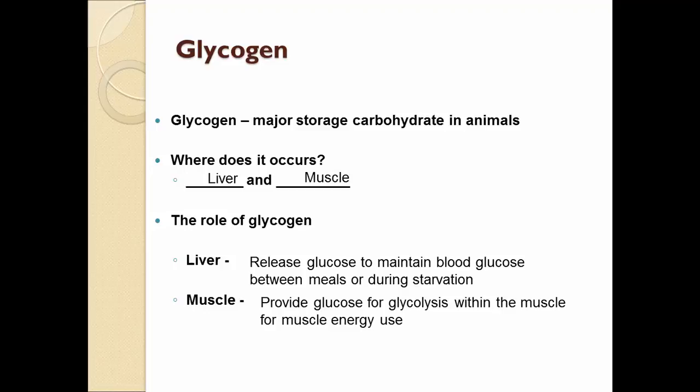The contribution to blood glucose is different in liver and muscle, right? Liver is able to break down glycogen and release glucose into circulation during fasting, and muscle is able to break down glycogen but not able to release glucose. So the glycogen breakdown is usually just used as energy inside the muscle cells.